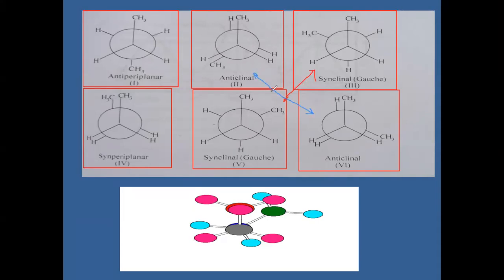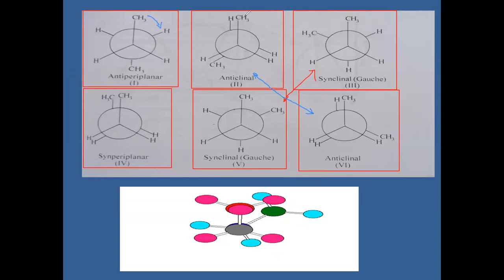Okay, why these are same, that we are going to study here. So first of all, when you rotate the carbon-carbon bond by 60 degrees each time, we get these different types of conformations. Now this anticlinal form, number 2 and number 6, is same. Okay, why is it same?